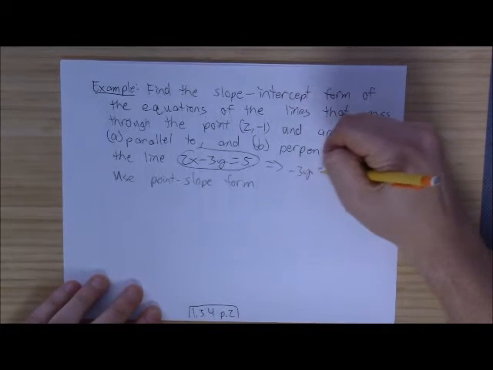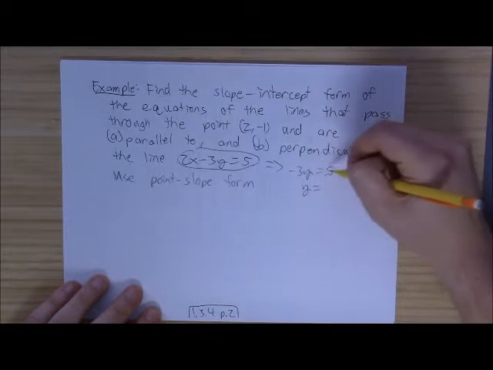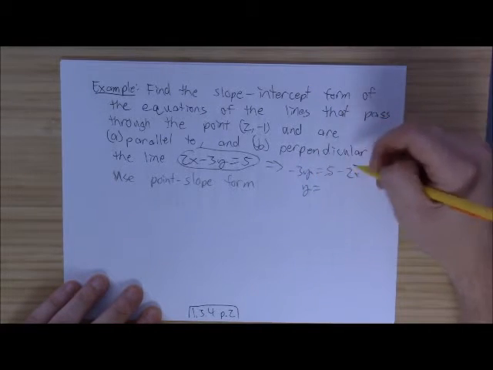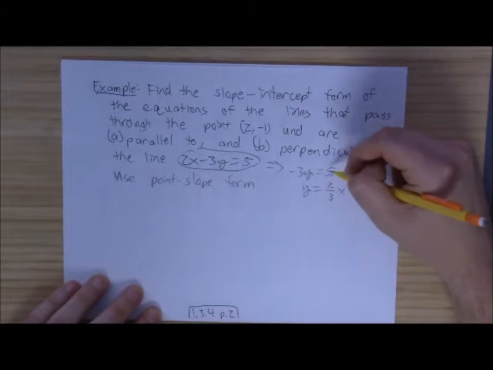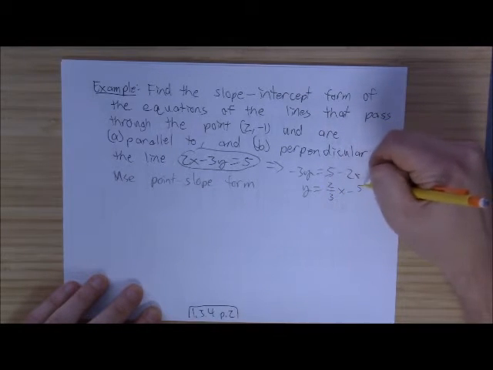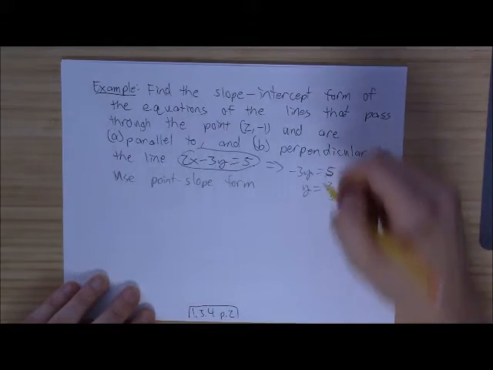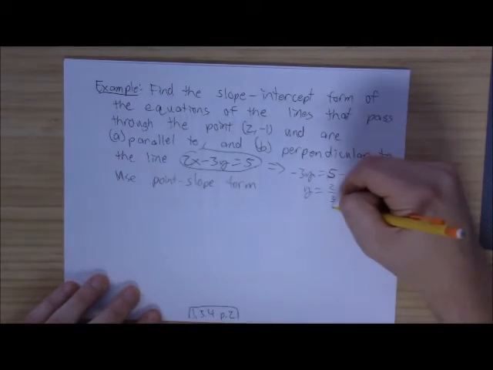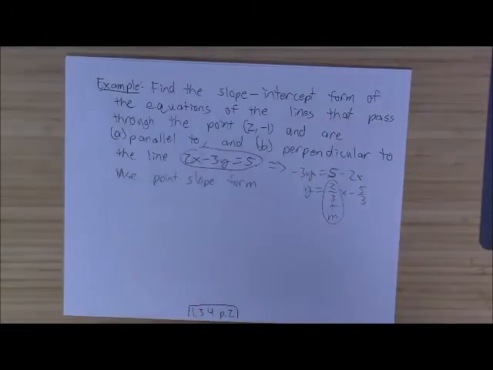Negative 3y equals 5 minus 2x, which is y equals, divide both sides by negative 3, you'll end up with positive 2/3 x minus 5/3. Okay? So that is our line. So in other words, this is my slope, right? 2/3.